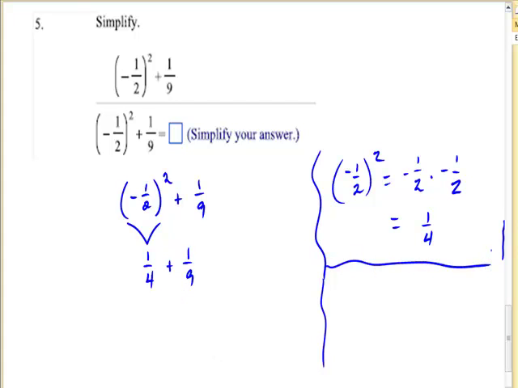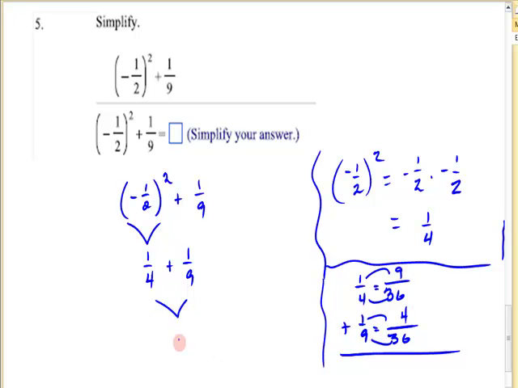Now I need to add two fractions. A fourth plus a 9th. Common denominator would be 36. 4 goes in there 9 times, and 9 times 1 is 9. 9 goes in there 4 times. 4 times 1 is 4. It's addition. Add them up. I should get 13 over 36. And I can't reduce, so I'm done.